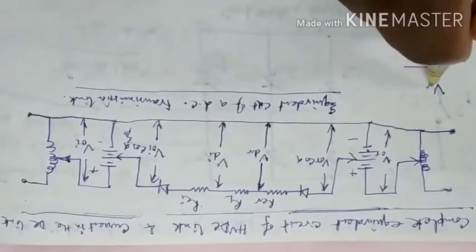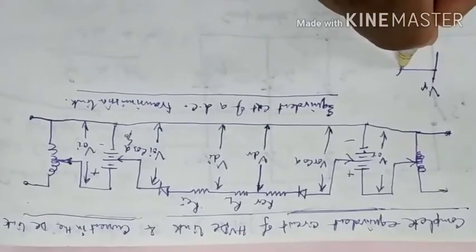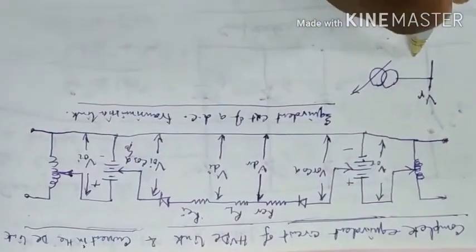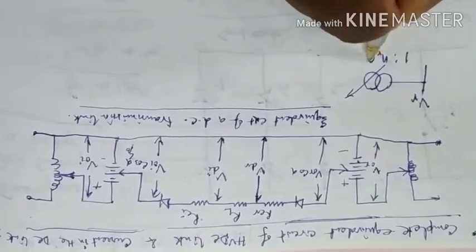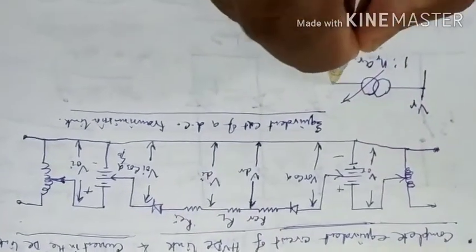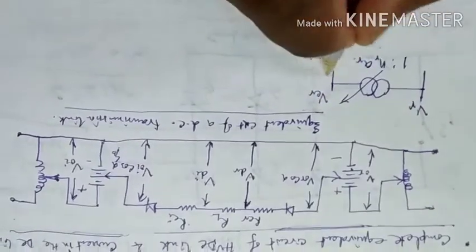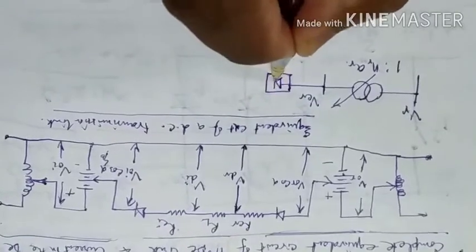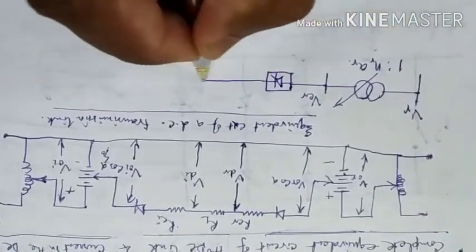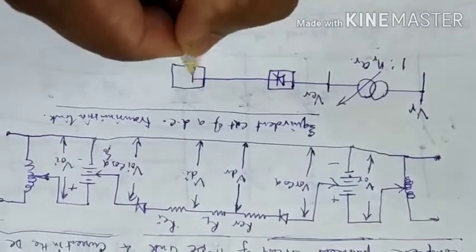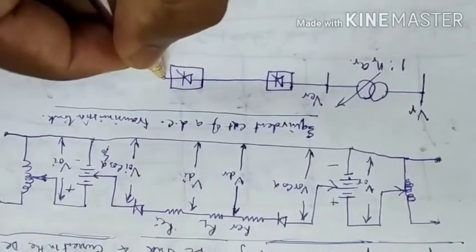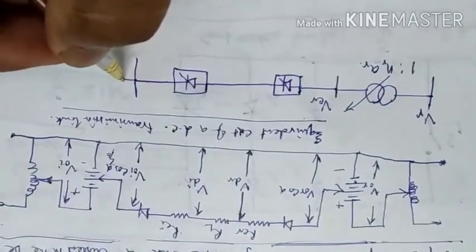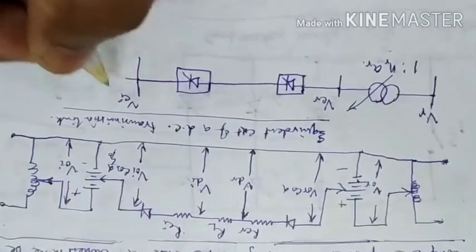This will be the transformer, fed to some feeder, that is VCR, through the rectifier that is controlled, and that will also be controlled, and to the sending another end, that is VCI.